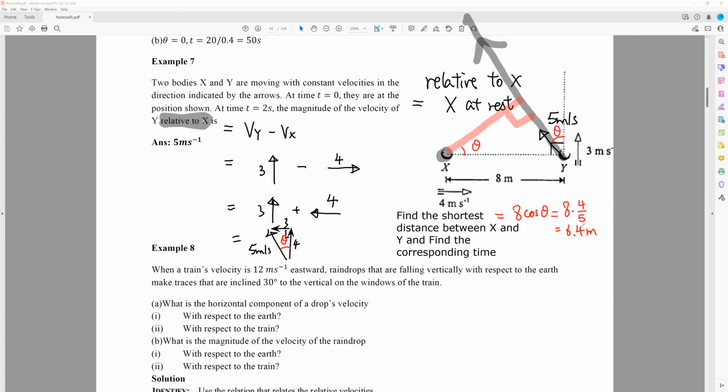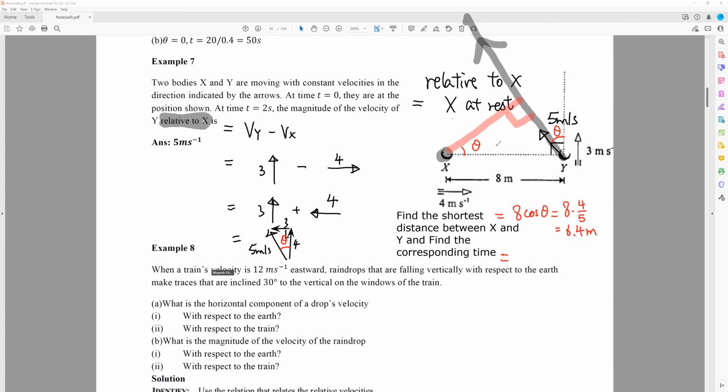Another thing is, how can we find the corresponding time? So you know they are all moving at constant velocity. So what you need to do is just use some distance divided by the velocity. Then you can get the time. And the problem is, which distance should we take? Should we take the d? No. There's no object really moving along this red line.